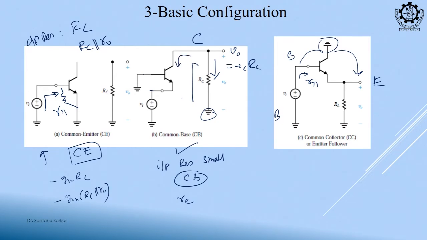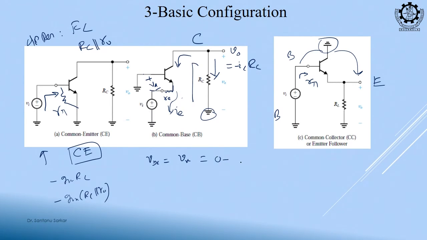Now, this current is flowing through this and this is your IE. What is the emitter resistance here? RE, and suppose this is your Vx. So, VB is equal to Vx, say, is equal to base voltage minus emitter voltage.